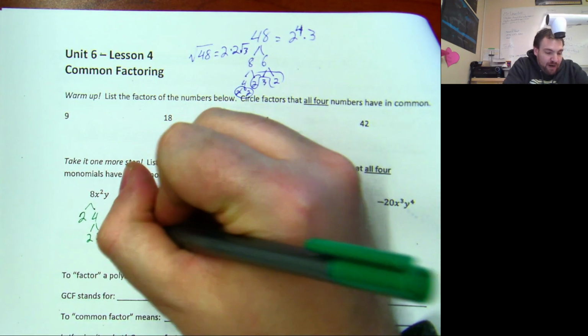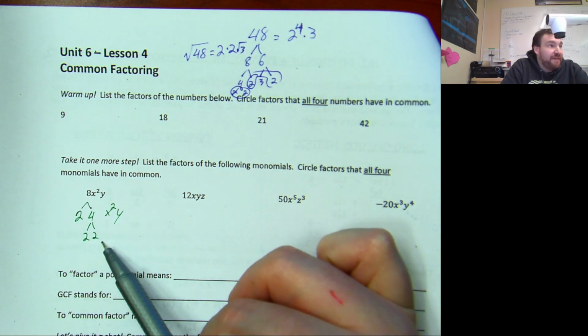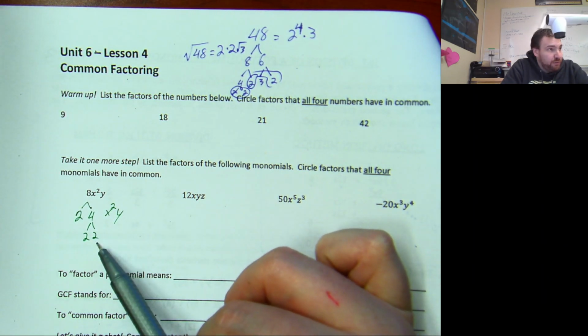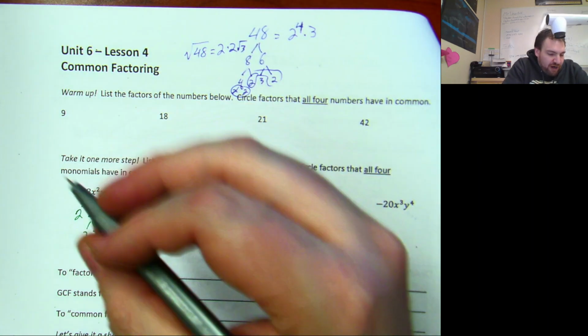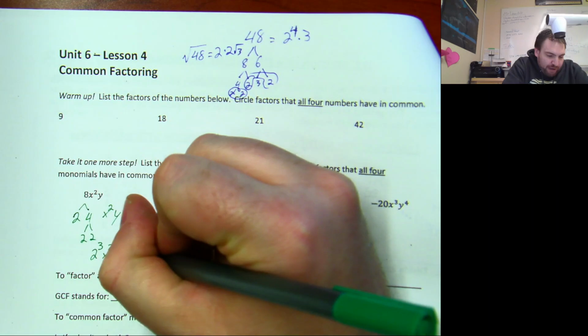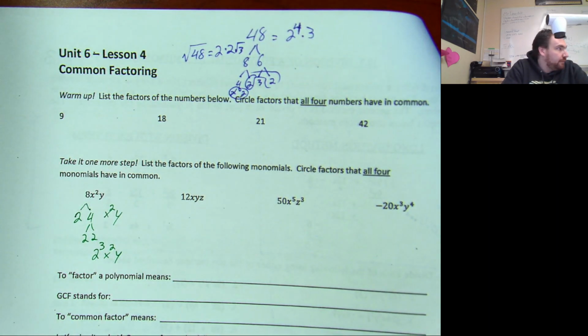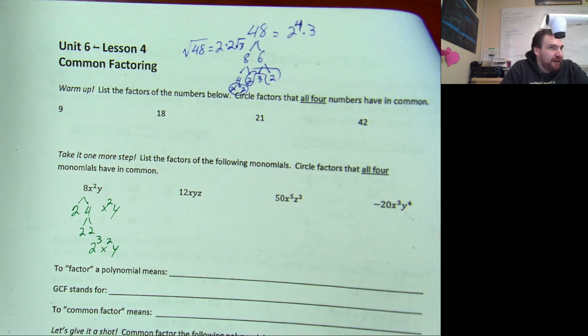And y is just going to be y. So I broke up my 8 into its prime factors, 2 times 2 times 2, and then my x squared and my y are just going to stay there. So what I've got here is 2 cubed x squared y, where the exponent tells me how many of each factor I have.